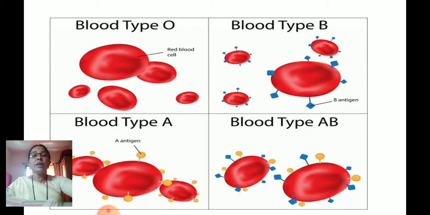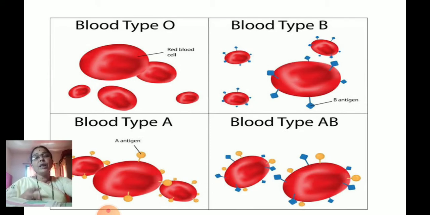So why these blood groups? There are some antigens on our blood cells. They carry some type of antigen, some type of protein with them. That protein is given a name and a type. So it will be A antigen, B antigen, or if both antigens are there together, A and B, then we call it blood group AB.